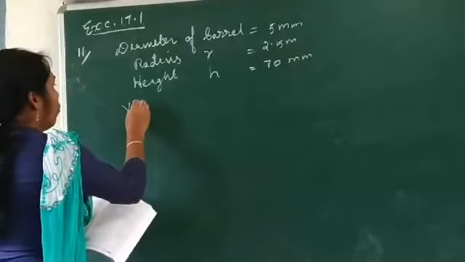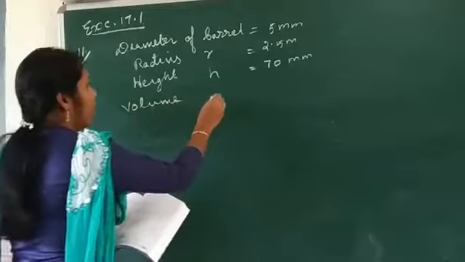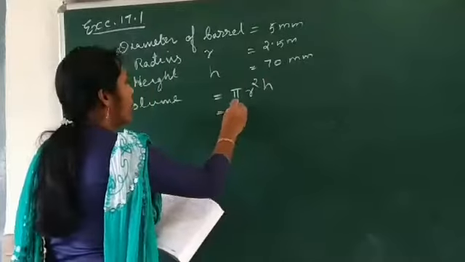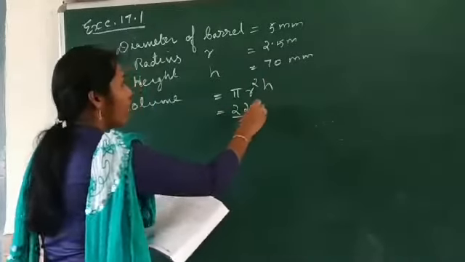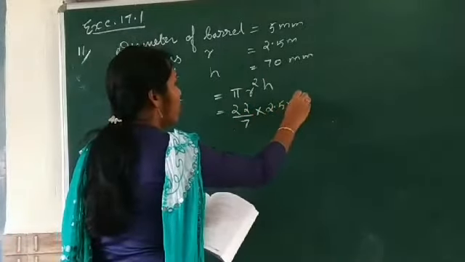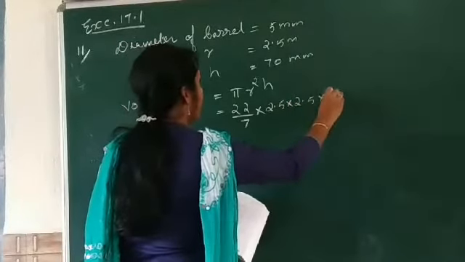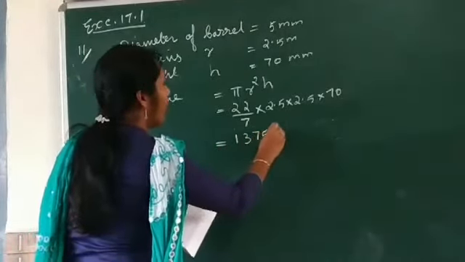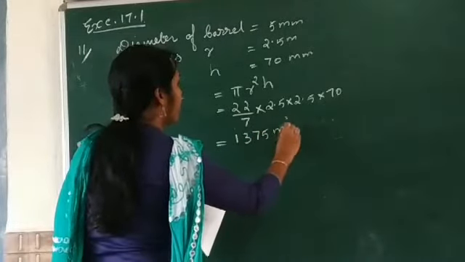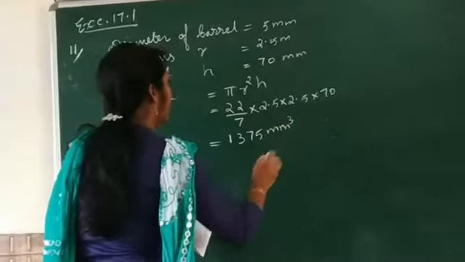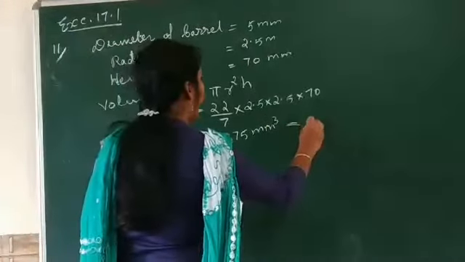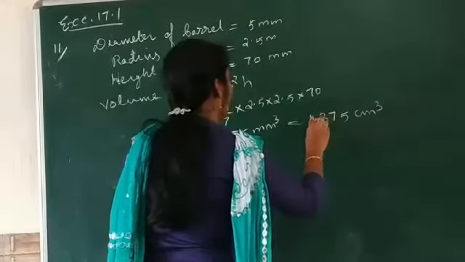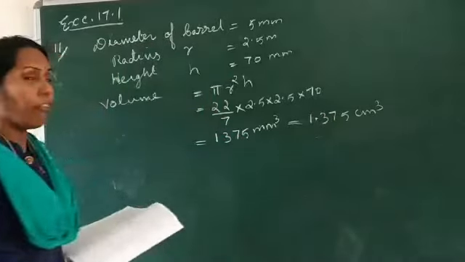So volume is equal to pi r square h. It is equal to 22 by 7 into 2.5 into 2.5 into 70, which is 1375 millimeter cube, that is equal to 1.375 centimeter cube. So this is the capacity of the barrel.